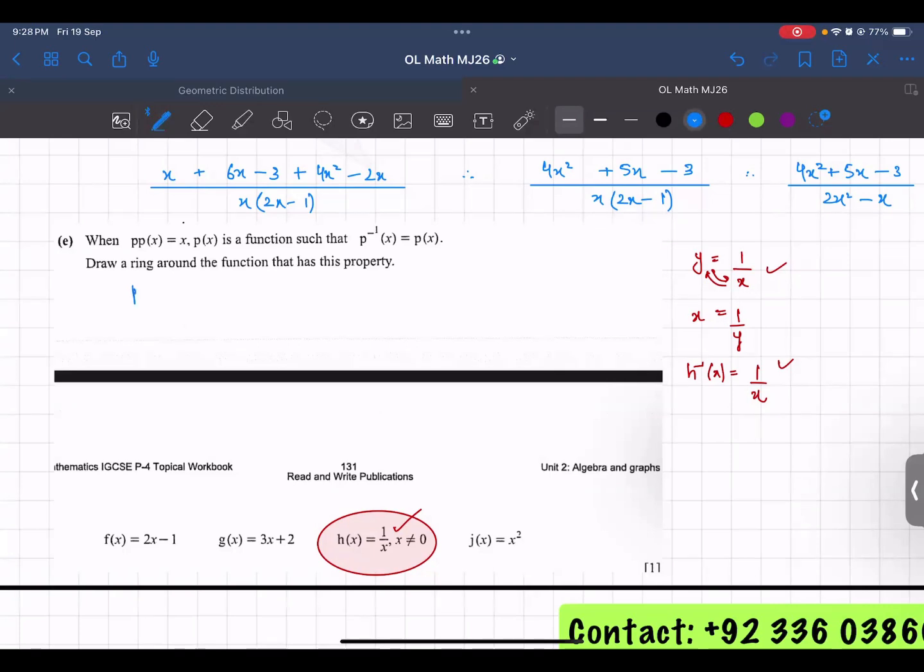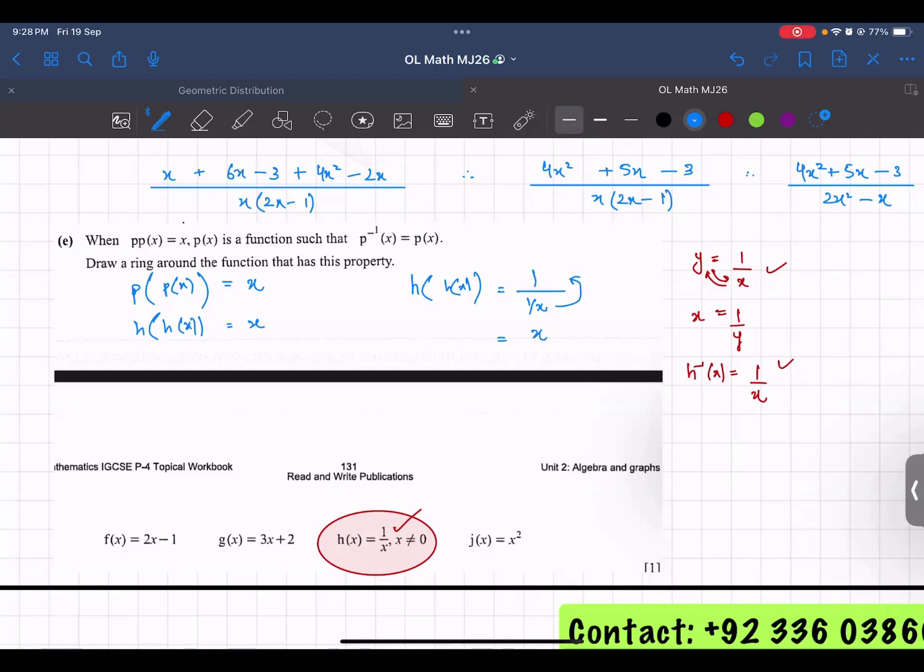They're telling us that if you input the function of p again back in the function, you will get x. So if you put h(x), you should get x. See, input h back into h, you will get 1 upon 1 upon x, which would become, double division means it is now multiplying.